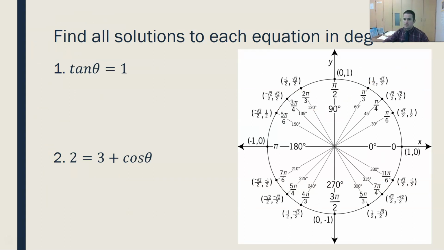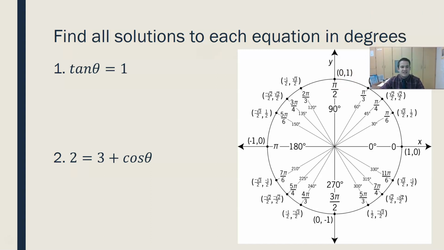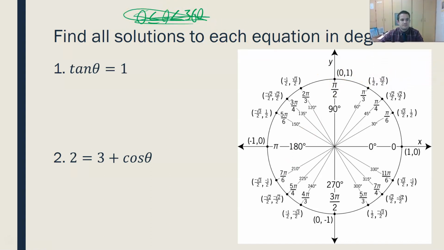So, let's practice this, and I'm going to show you a cool case with the tangent ones. I'm going to find all solutions, not just the solutions between 0 and 360 degrees, but all the possible solutions. So don't worry about that boundary. Tangent of theta equals 1.